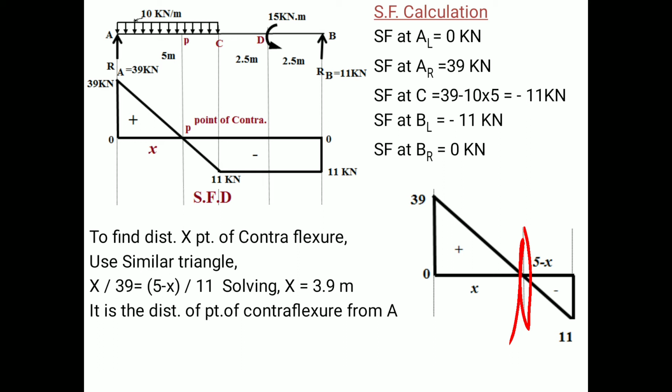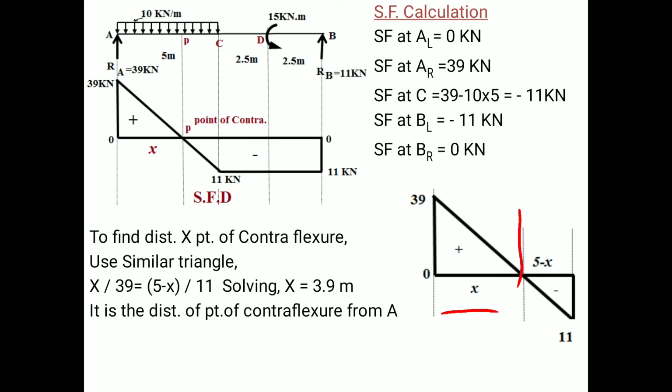Now, we are going to find out that value where shear force is 0 from support A. Let that distance be x and the remaining distance will be 5 minus x because the entire span for UDL is 5 meter. Therefore, this remaining distance is 5 minus x.